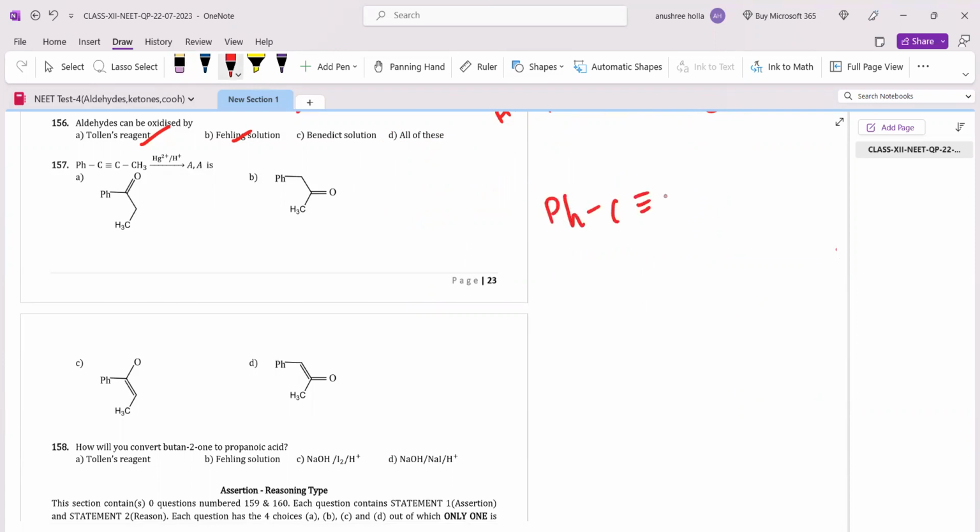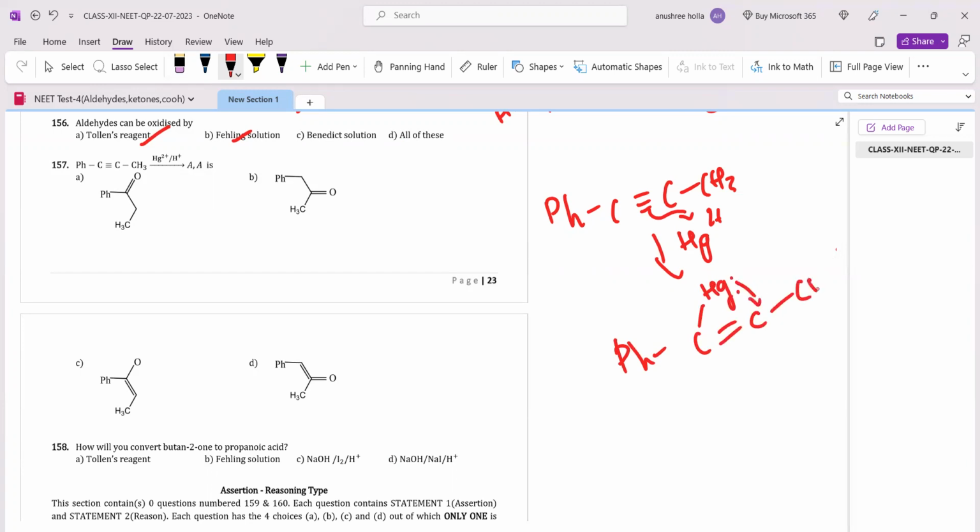So if I take this question number 157, if you add mercury to this double bond, it will add to mercury, and this mercury will give its lone pair electrons to this, and it will form a three-membered intermediate, right? Mercurinium ion. Now you'll be adding water. Now, where does the water attack? Always the addition of this water is anti to this group.